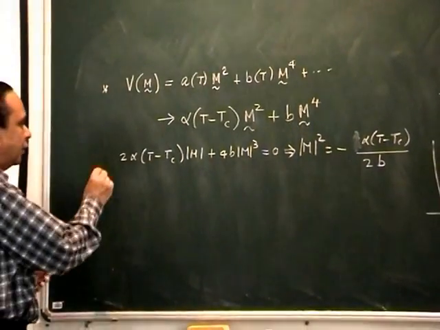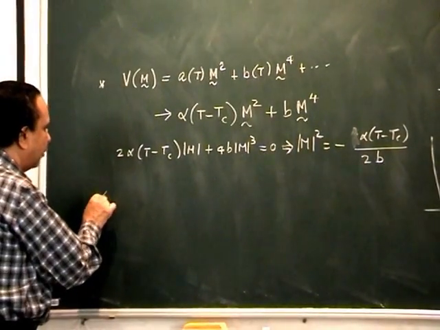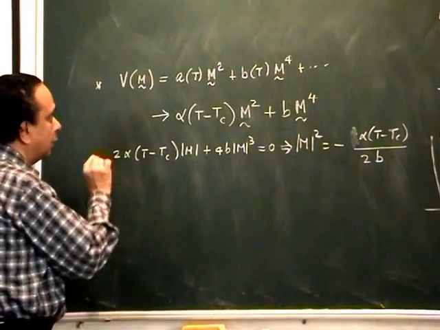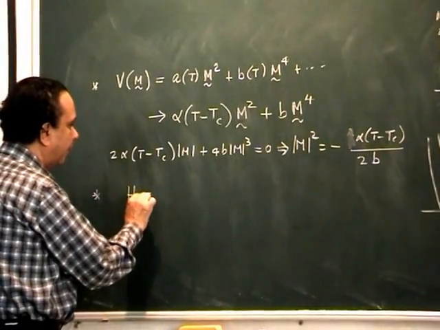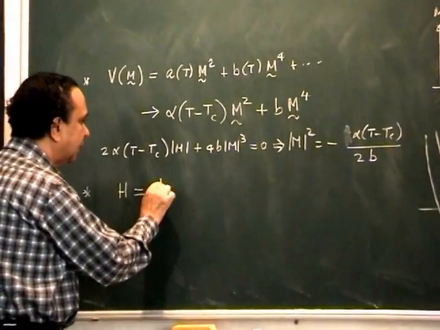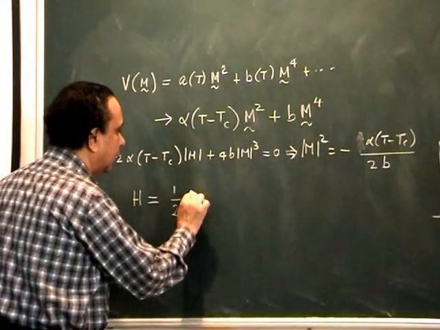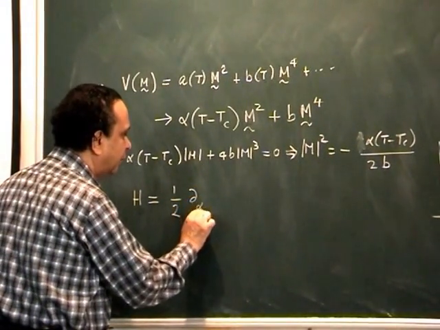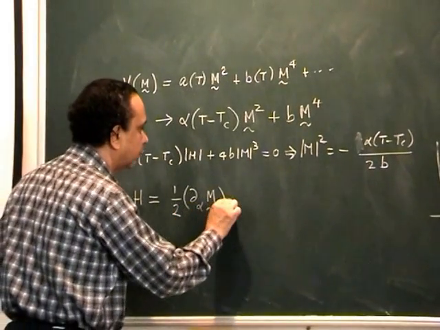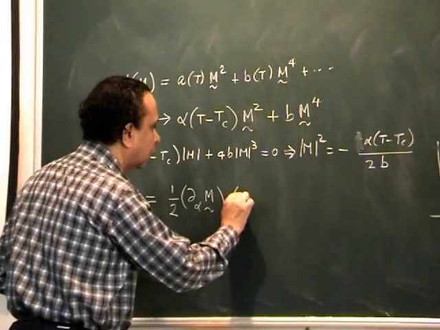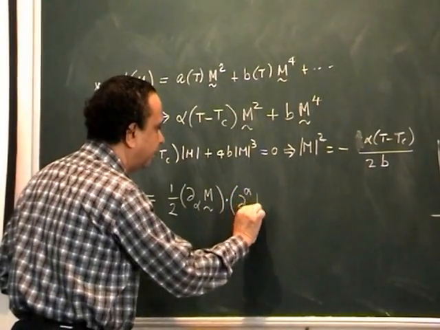So let me write down the full Hamiltonian for this system or a Lagrangian for this system. So what you want to do is to think of a Hamiltonian, let us say, where you start with a half (d alpha of m dot d alpha of m).